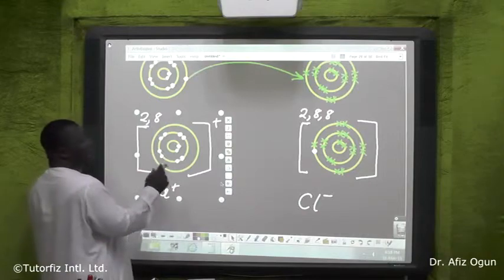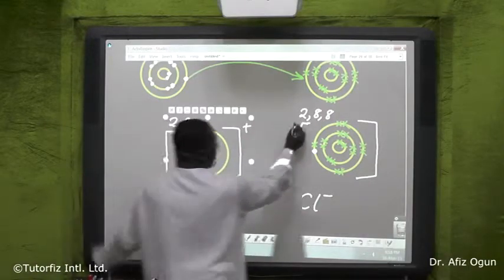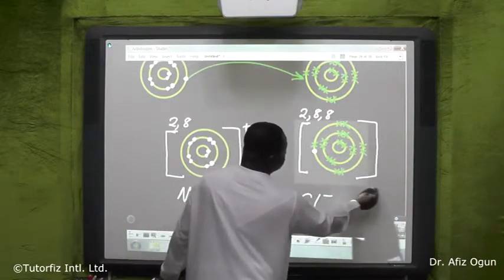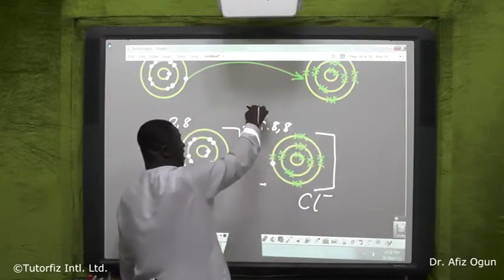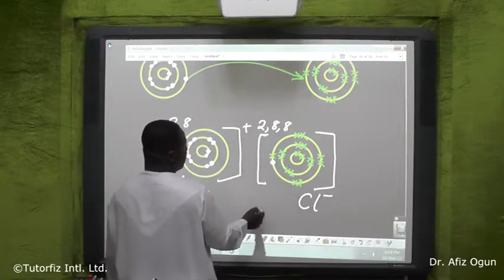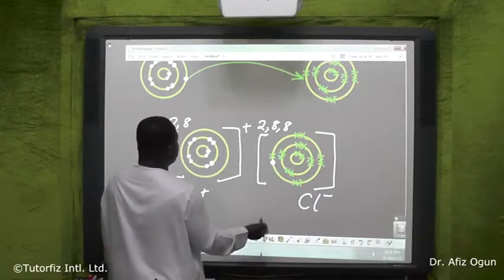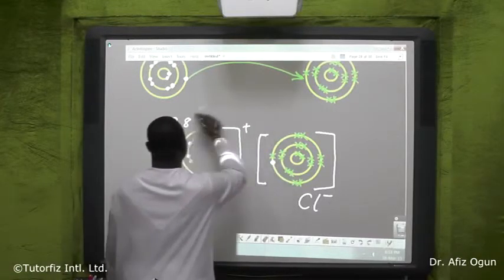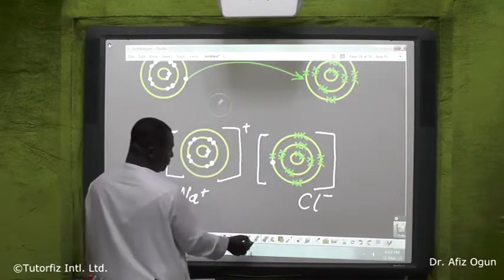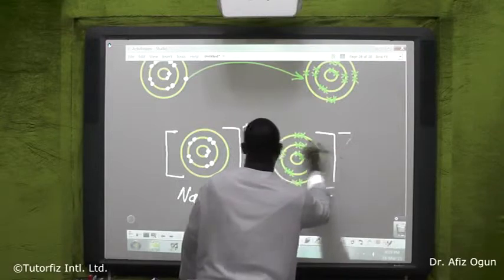Because they have opposite charges, they attract each other, and they do not just attract each other like that, they stay together forever and ever. They stay together because this is negative and this is positive.